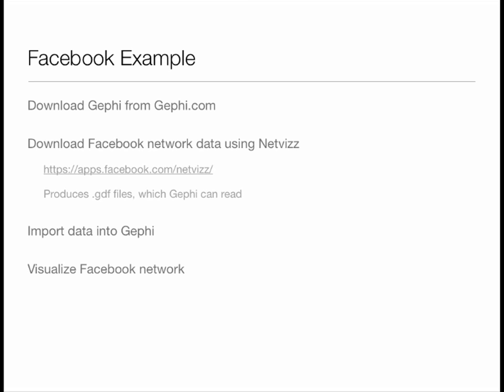What that does is it sort of walks through your Facebook social network and pulls down all of your friends and figures out which of them are connected to which other friends. And once you've done that and saved it in a GDF file, that's one of the formats of network files that Gephi is able to read, then you can import the data into Gephi and visualize your Facebook network. So that's what we're going to do right now.